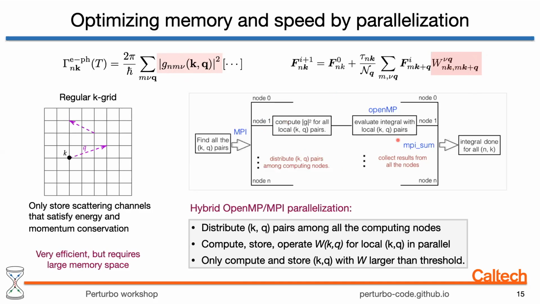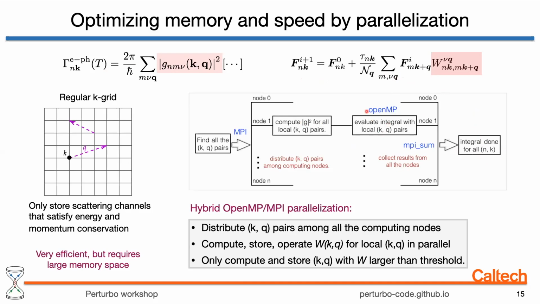And then each of them calculates their contribution to the scattering rate, as well as this unknown F. At the end of that, you do an MPI sum over the different nodes, so that finally you end up with an expression for the scattering rate, or the capital F, that has summed over all KQ pairs.